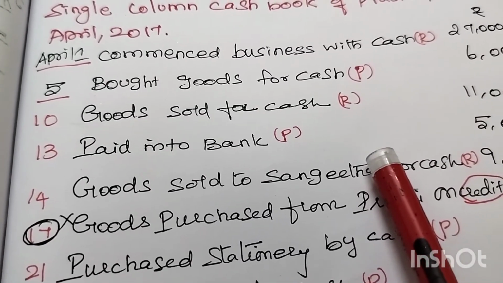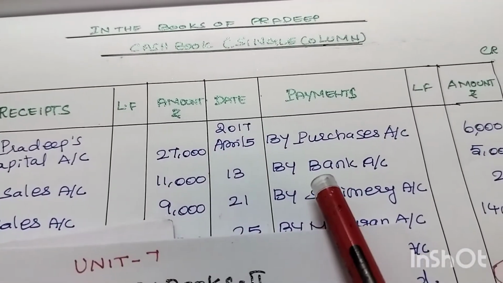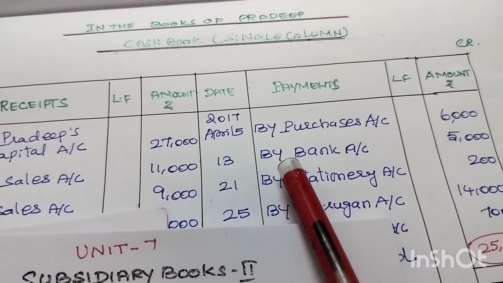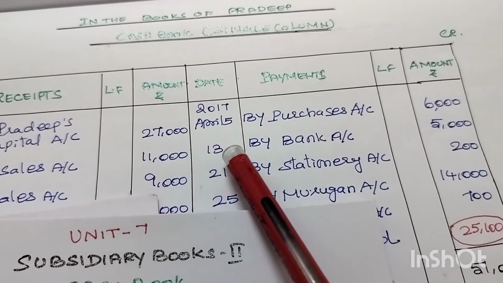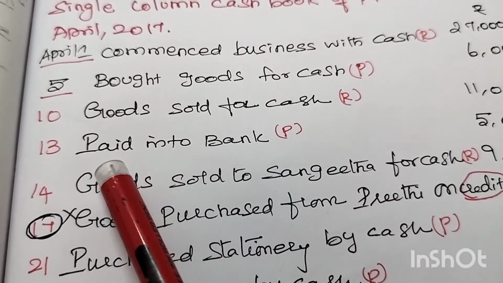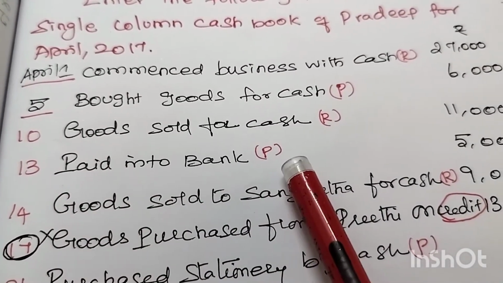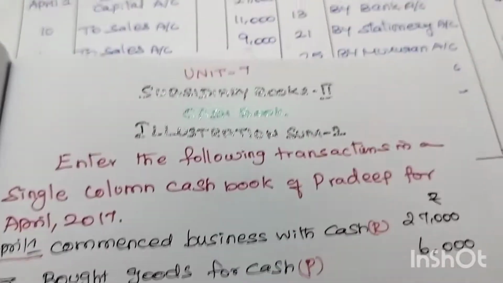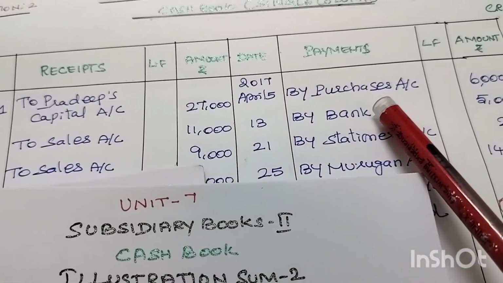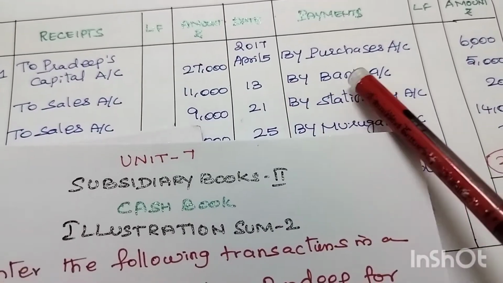Cash is on the credit side, so we go to the credit side. The opposite account from the cash account is bank account. So on 13th April, By bank account, 5,000 rupees. You can think of it another way: paid into bank means payment, so you go to the payment side, that means credit side. The entry is By bank account.